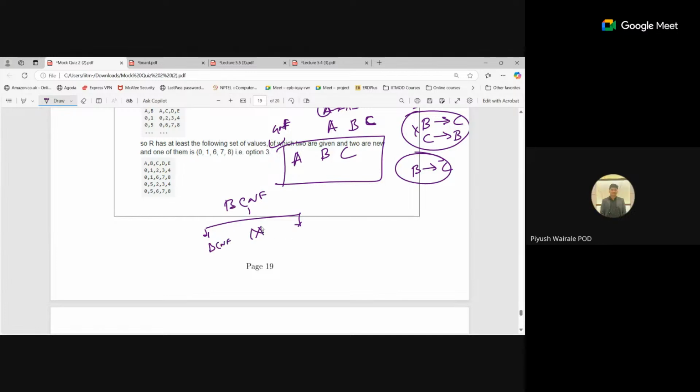But lossy decomposition doesn't make any sense. It will be in BCNF because in BCNF the left-hand side of every FD is a key. Even if we decompose like that, here also every FD will have a key on the left-hand side. My doubt was that after decomposition, the subset of the FDs do not define. I was confused about how to identify whether it is a super key or not.